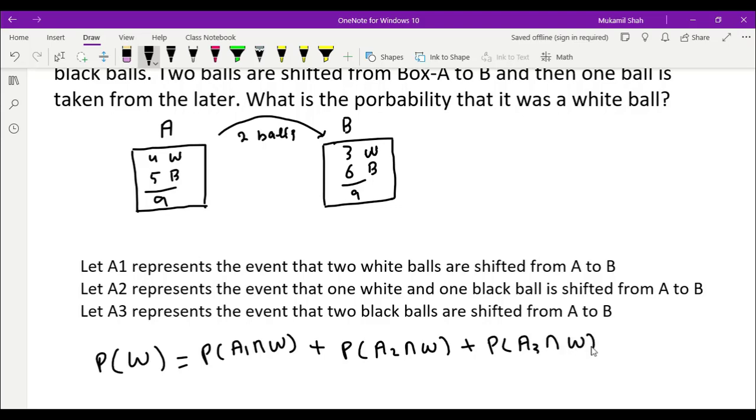So these are the 3 possibilities, and it can be further extended.